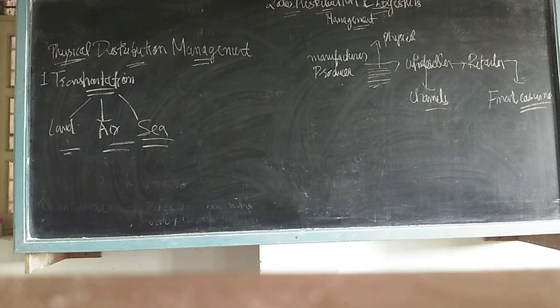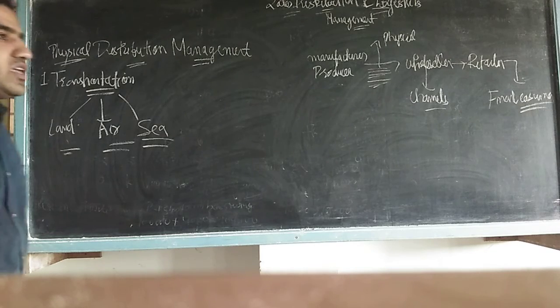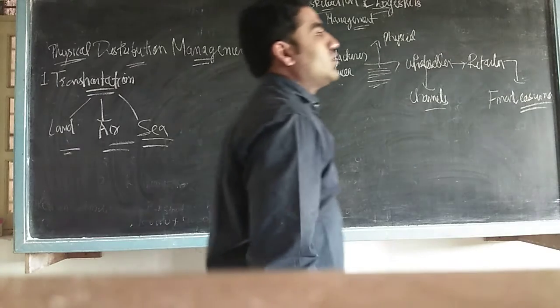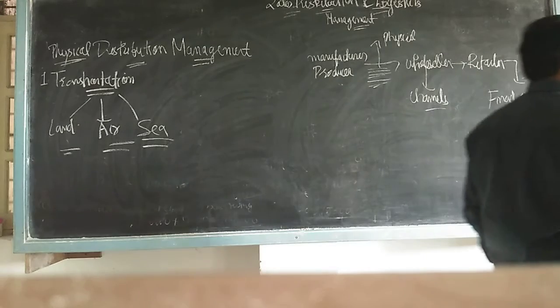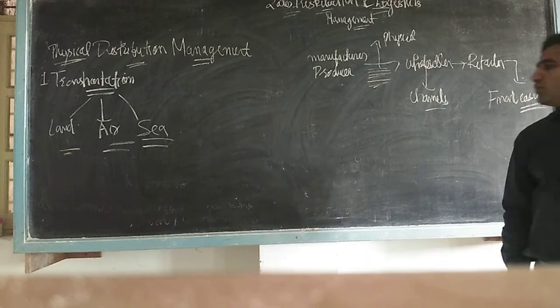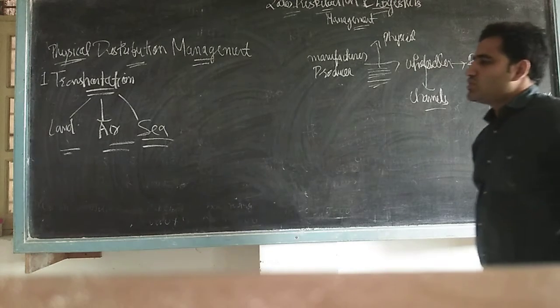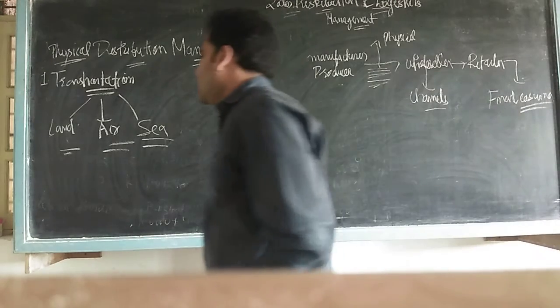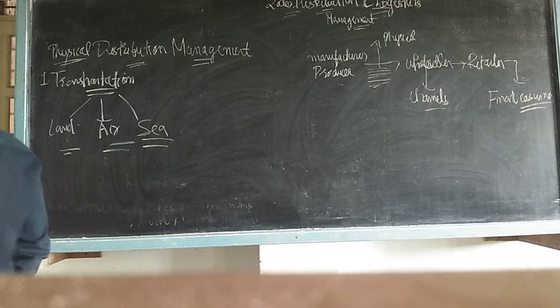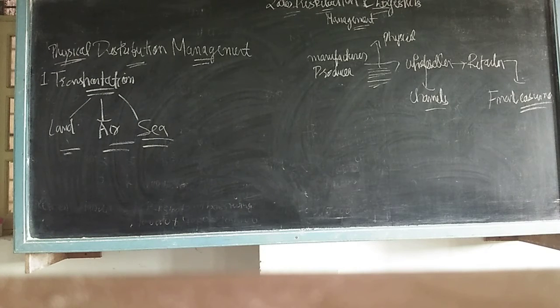When the goods are heavy or the distance between the manufacturer and the final consumer is very large. Okay, if the distance is small, then it can be transported with the help of land transportation, but if the distance is very large, then air and sea transportation.